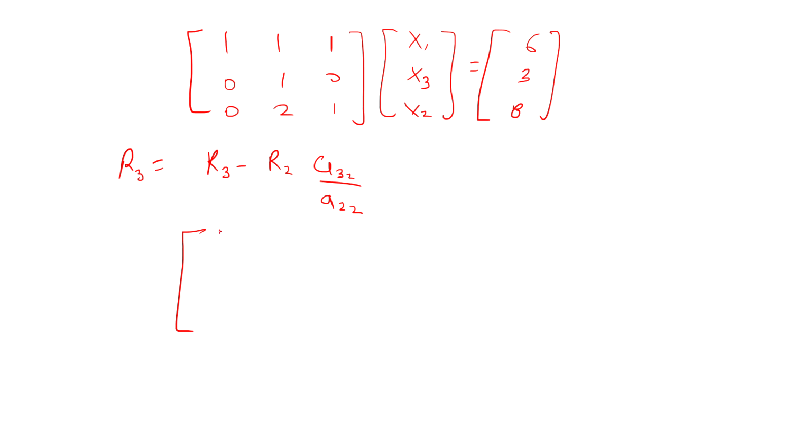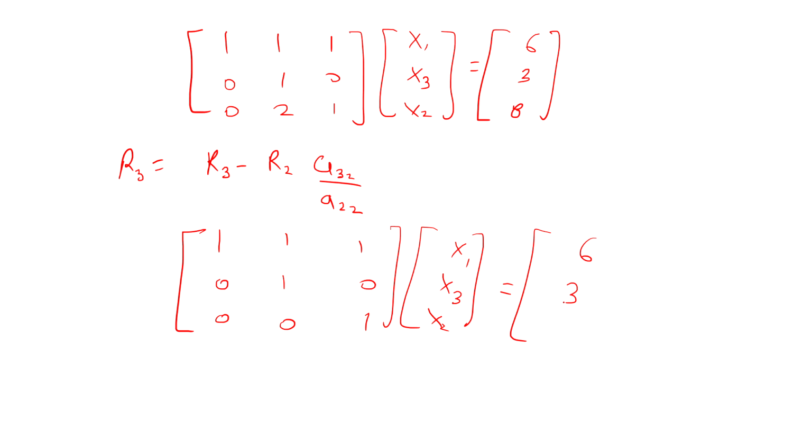So this makes this 1 1 1, 0 1 0, 0 0 1, since this element is 0, and we have x1 x3 x2, so the right side becomes 6 3, and this will be r3 minus r2 times a32, so this is nothing but 2, this will come out to be 2.